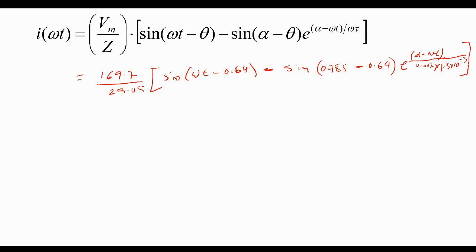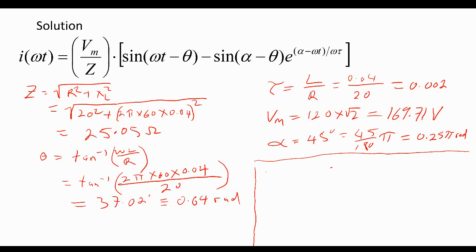All right, so that's the total. 1.3. Yes, sir. I think you're saying that omega equals 2 pi f, right? So 2 pi times 60 is 120 pi.